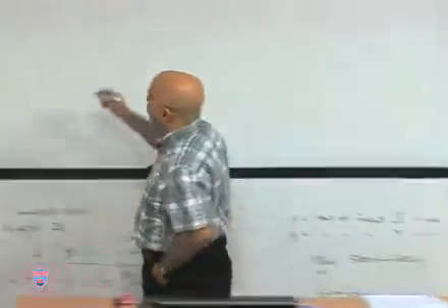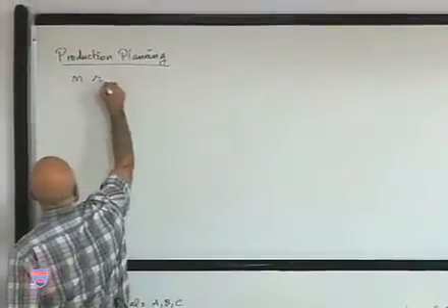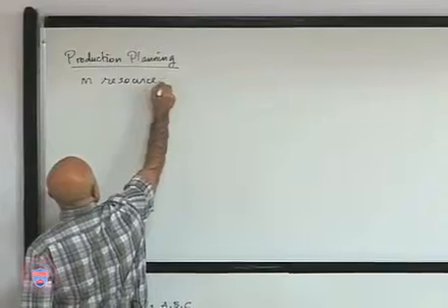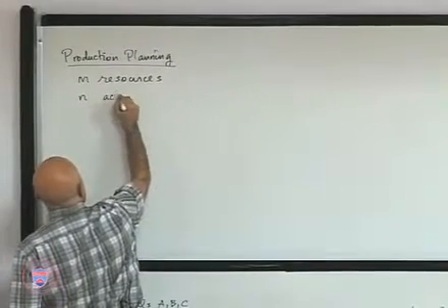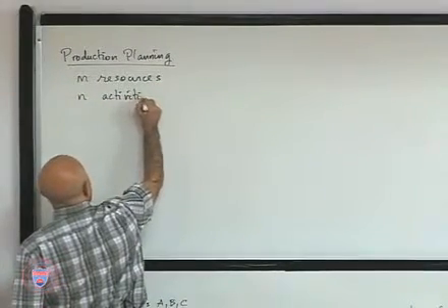So let's assume we've got M resources on hand and N activities or products.